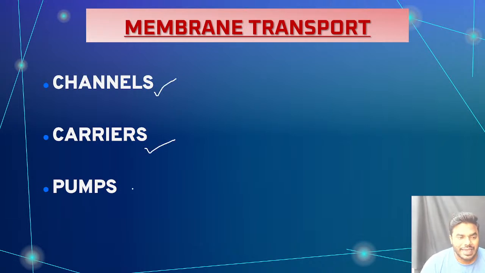Channels are there, carriers are there, as well as pumps. Before reading the xylem transport and phloem transport, first we have to understand how ions move across the plasma membrane. How does the ionic movement occur, friends? Ionic movement occurs with the help of membrane transporters named channels, carriers, and pumps.